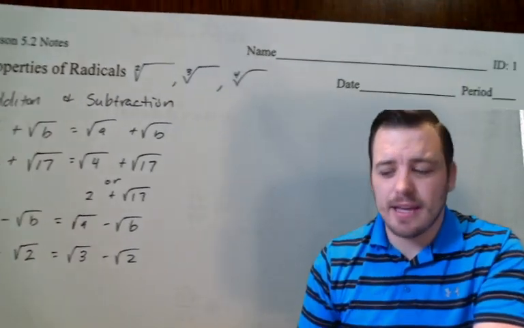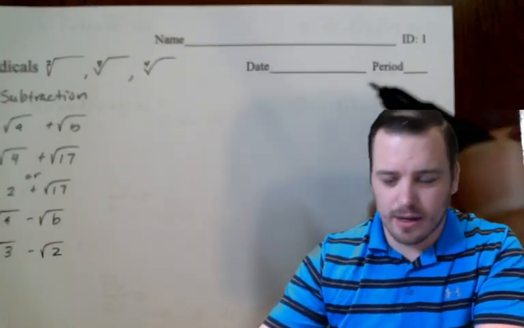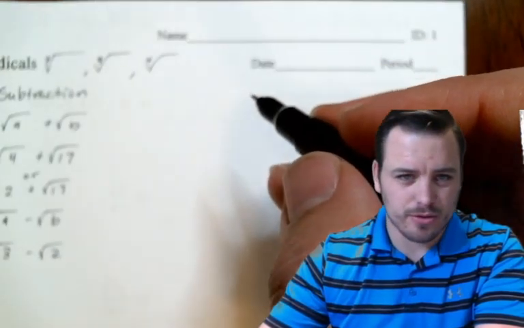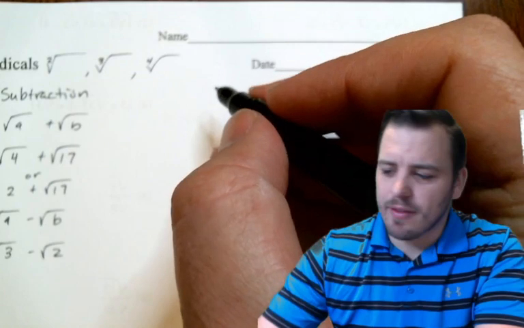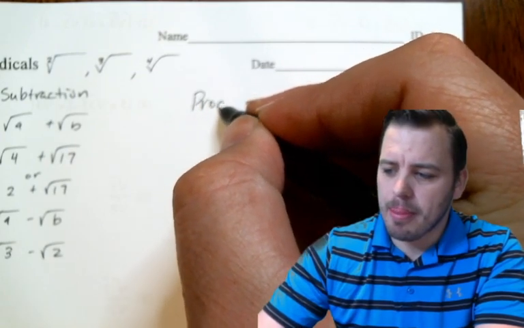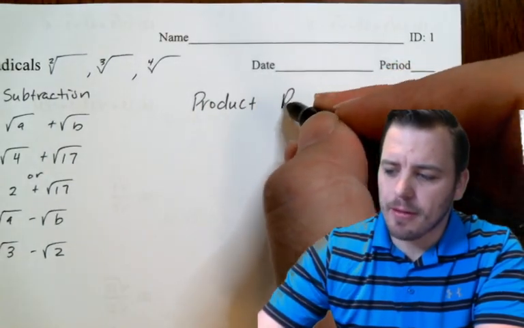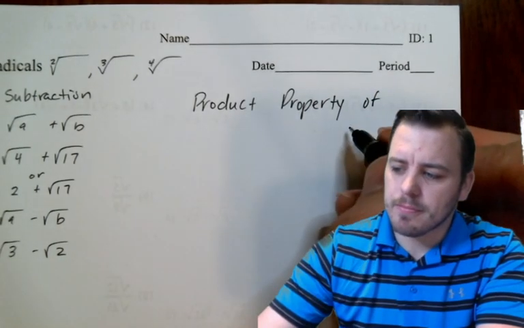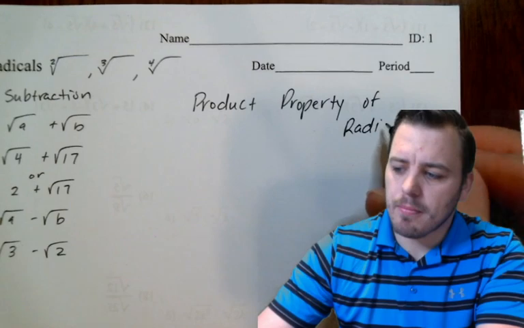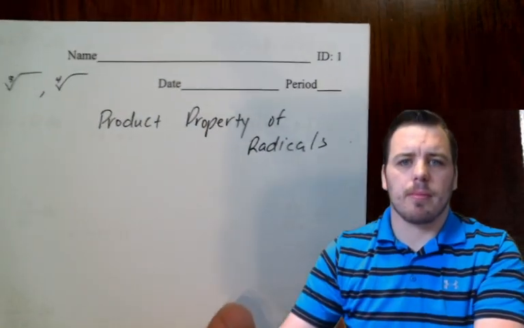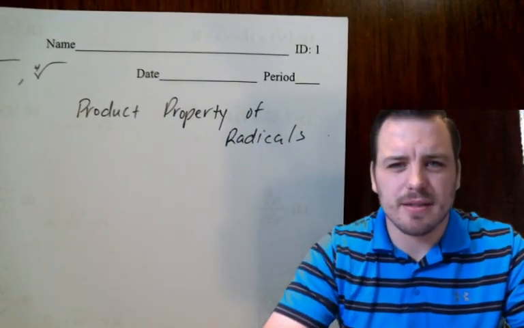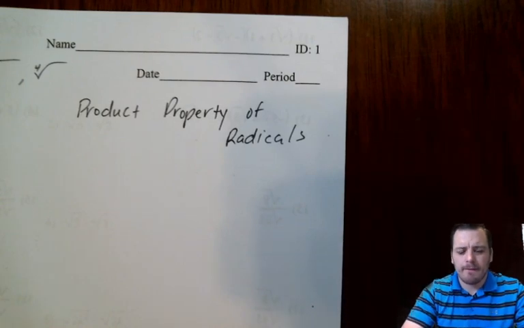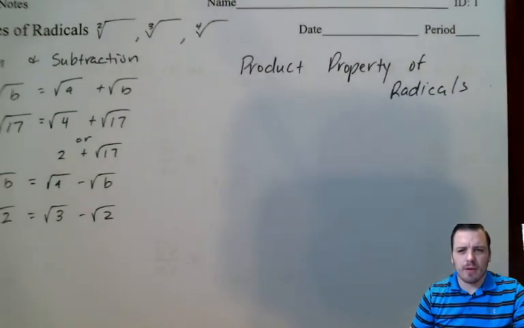But what you can do something with is the product, or multiplication, of radicals. We would just simply call that the product property of radicals.